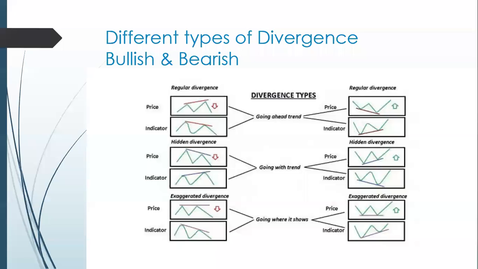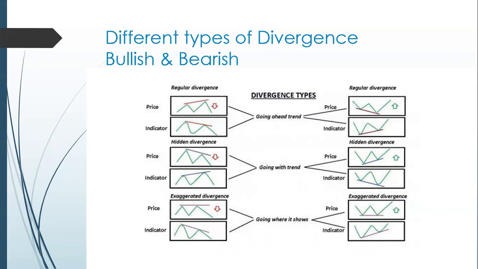Now, there are several types of divergence. The two main types are bullish and bearish divergence, and it all depends on what type of market you're looking at. So if you're in a bullish market and you're trying to recognize a trend reversal, of course you'll be looking for bearish divergence.